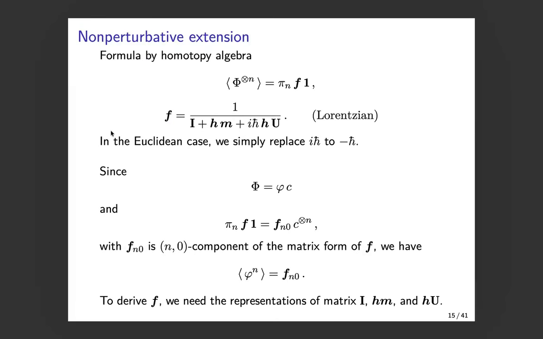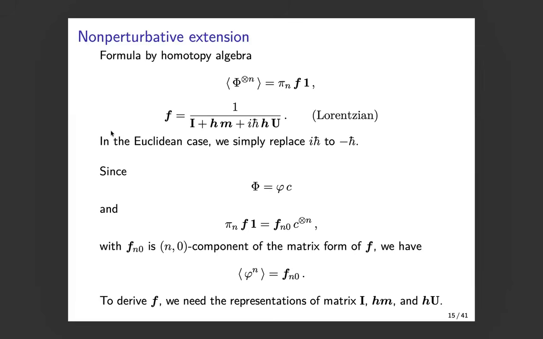Since phi equals bar phi c, we write the matrix form of F with elements Fij, and then phi n F1 can be rewritten as Fn0 C tensor n. We substitute these into here, and we obtain this form of the formula.